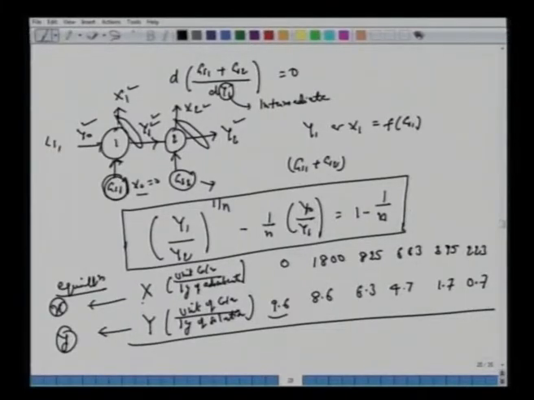All we do is substitute in these equations. So let's rewrite these equations. (Y1 over Y2) raised to the power 1 over n, minus 1 over n, Y0 over Y1 equals 1 over n.